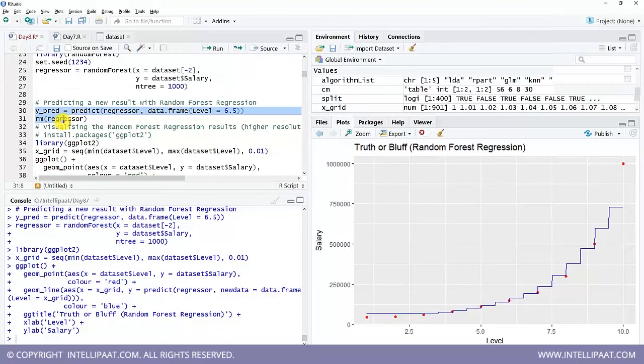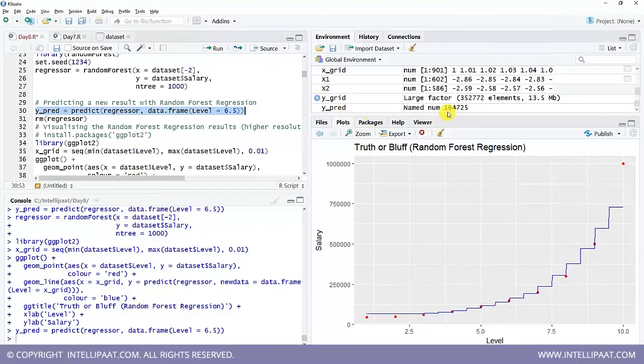As against 163K, did it predict anything different now? The wipe rate is 164, marginally. So by having a forest of 1,000 trees as against the original 500 trees, we still landed with almost the same figure. That means we are good to keep it at 500 and do not need to increase it to 1,000.